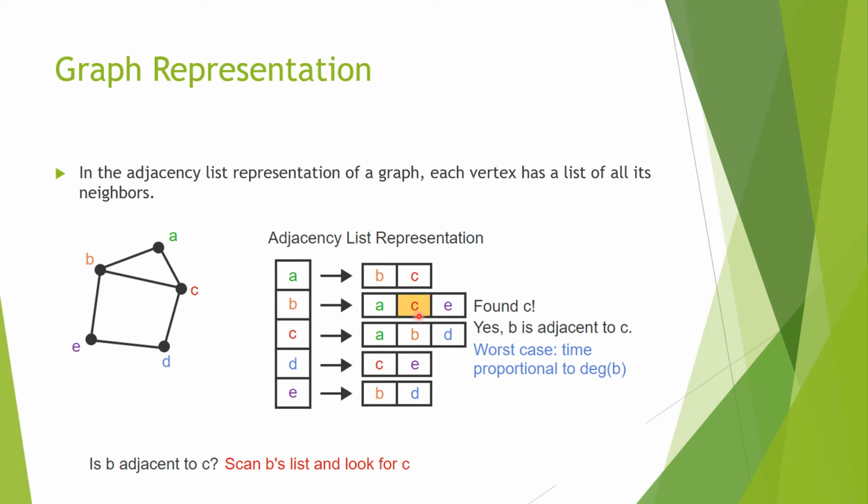As you see, letter C is in the adjacency list of vertex B. Therefore, we say B and C are neighbors, or B is adjacent to C, or C is adjacent to B.